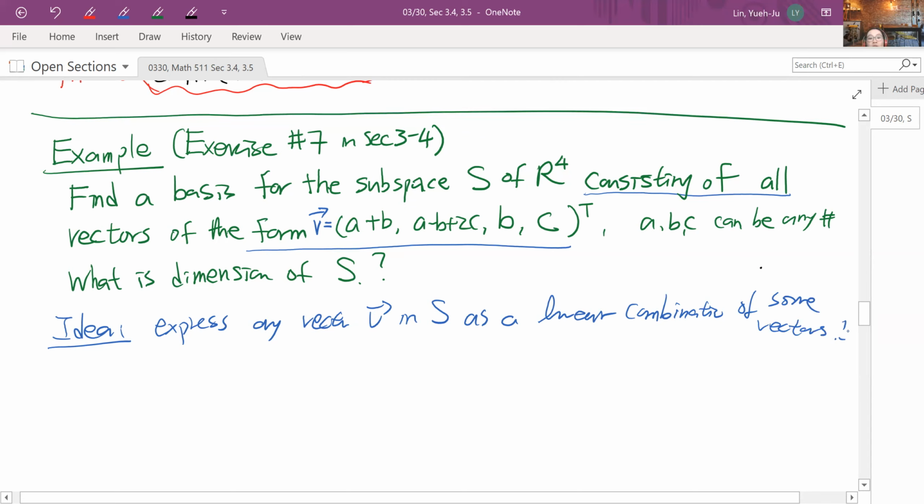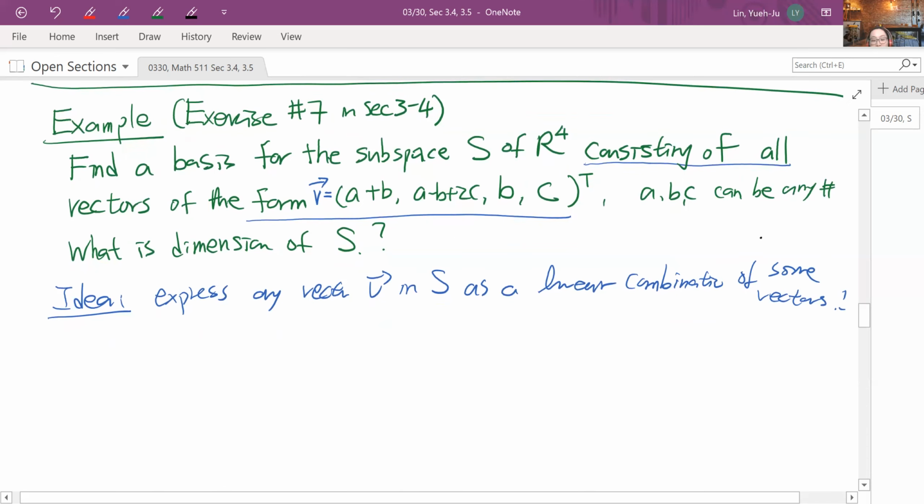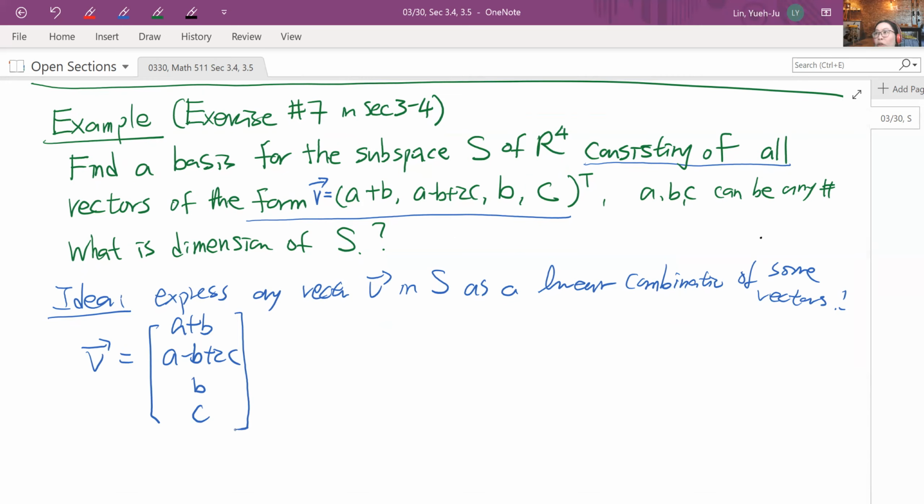Okay, so the trick is the following. I already told you that any vector there should be in this format. So you want to rewrite this format so it looks like a linear combination of some vectors. An arbitrary vector in S will look like (a+b, a-b+2c, b, c). Then you can see that a, b, and c should be our coefficients to form the linear combination.